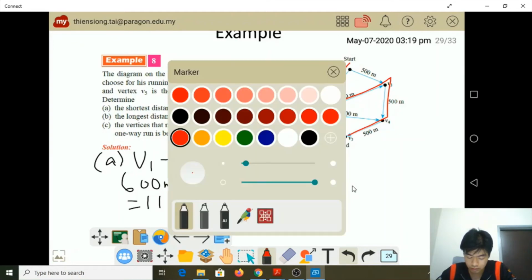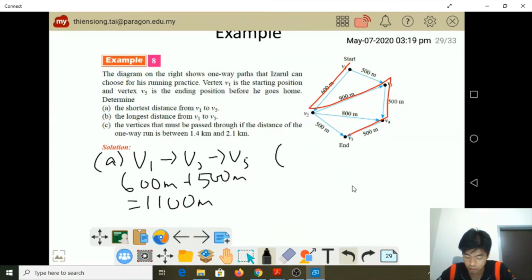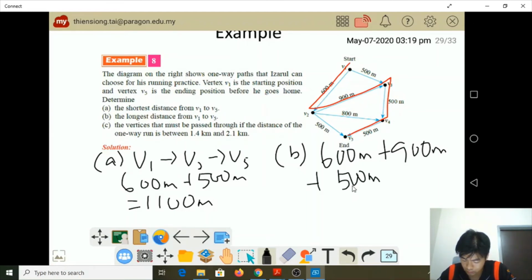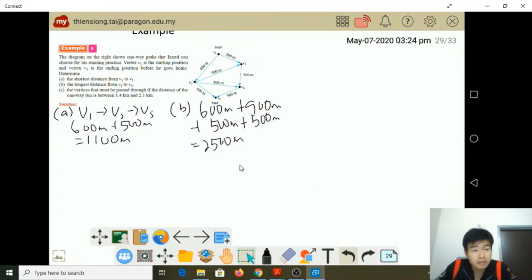So let's go for that and calculate the total distance covered. 600 meter plus 900 meter plus 500 meter and plus 500 meter. So the total answer is 2500 meter.